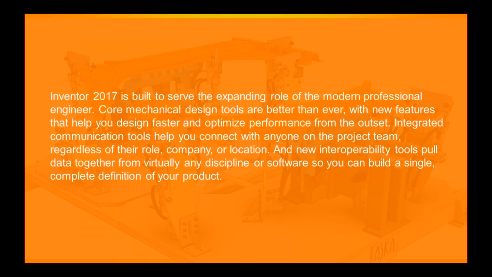New interoperability tools pull data together from virtually any discipline or software so that you can build a single complete definition of your product. If you're just using Inventor, you might not take advantage of all the other things out there, but we'll look at Autodesk 360 a little bit. I've got Vault installed on this machine, so as far as data management goes, Vault is a great way to do that. And if you've got Vault Pro, you can let others access that through a web browser, kind of like Autodesk 360, except they're actually looking into your Vault.